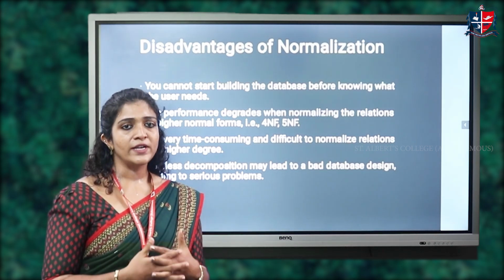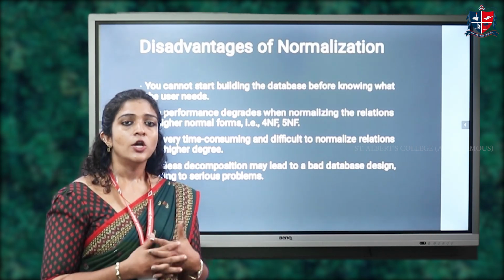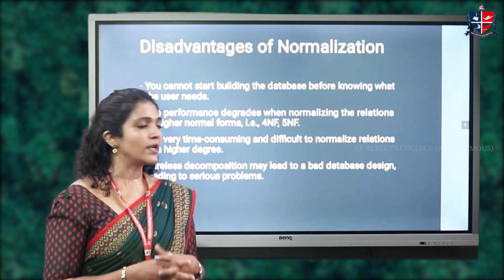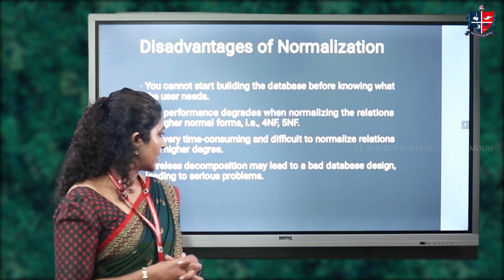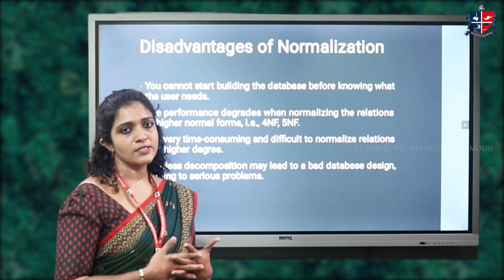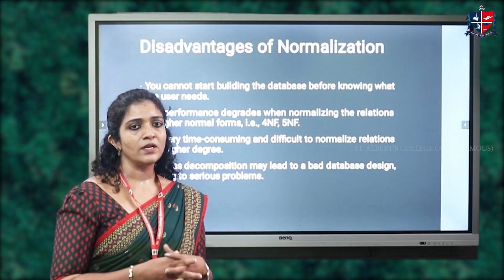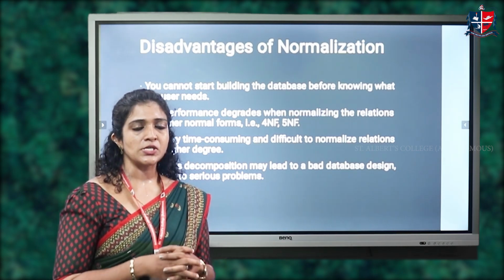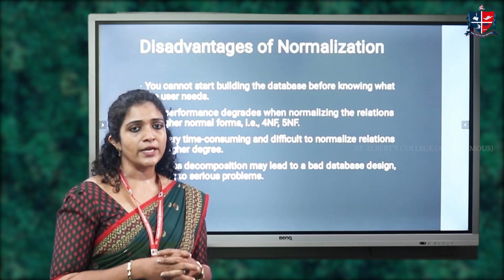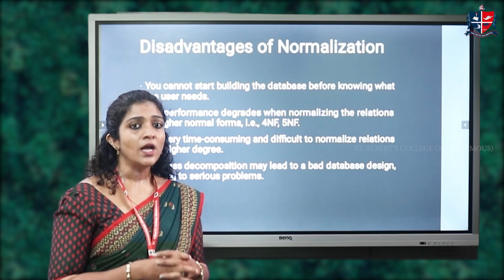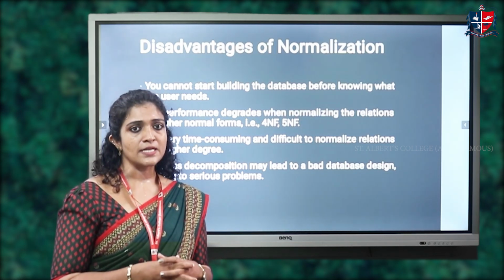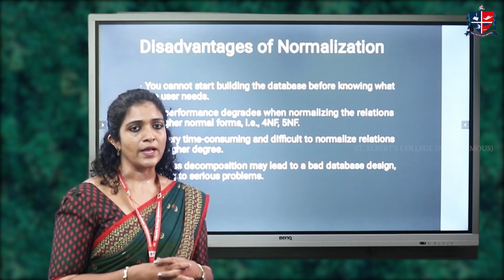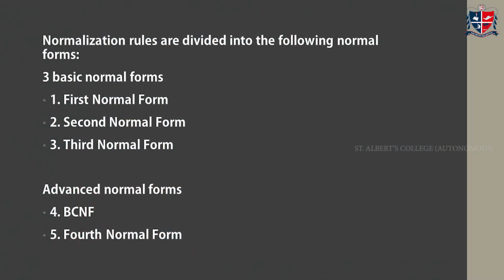If we do the normalization in a wrong way, it will lead to bad database design, which will in turn lead us to the several problems that we discussed: insertion, deletion, and updation anomalies. So database normalization is a very complex task, as we discussed, and it should be done in a proper manner, otherwise it will have negative effects.